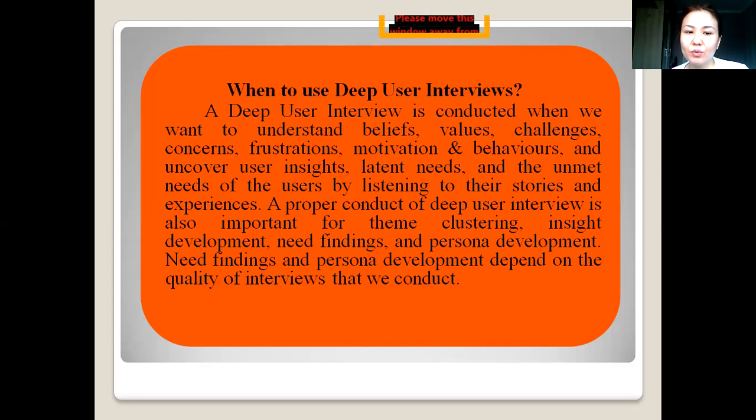It is conducted when we want to understand beliefs, values, challenges, concerns, frustrations, motivations, and behaviors, and uncover user insights, latent needs, and the unmet needs of users by listening to their stories and experiences. A proper conduct of deep user interview is also important for theme clustering, insight development, need finding, and persona development. Need finding and persona development depend on the quality of interviews that we conduct.